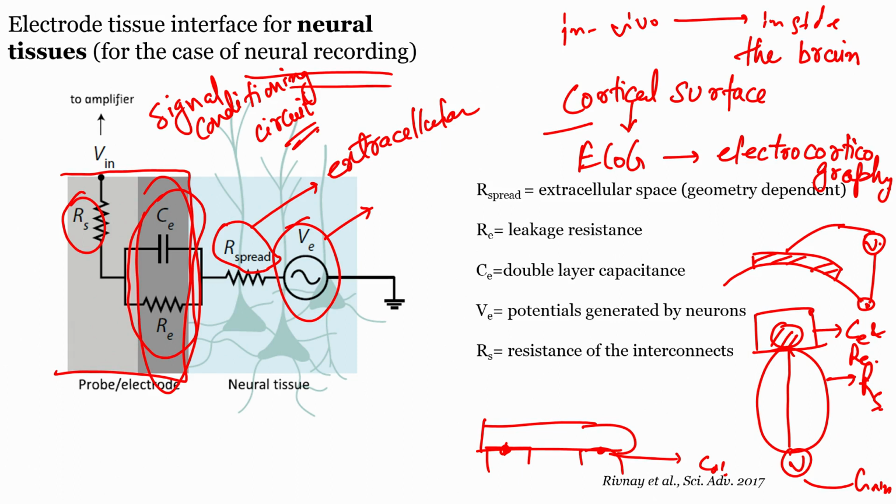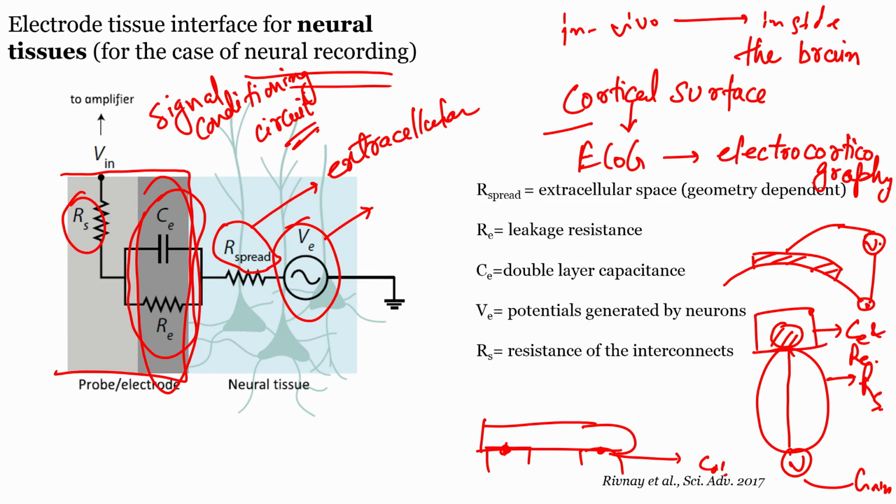So this was just to give you an idea that the electrode tissue interface can not only mean you are supplying the potential and then measuring the impedance, but it can be the other way, you are measuring potentials, and there are several applications for measuring neuronal potentials. It can be used to understand several neurological disorders such as epilepsy and stroke.